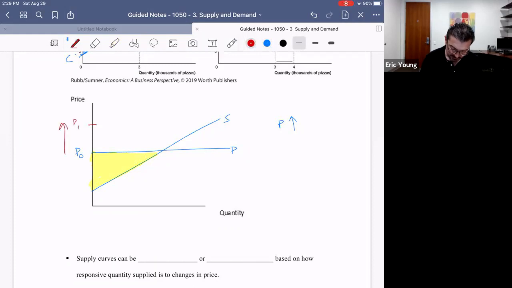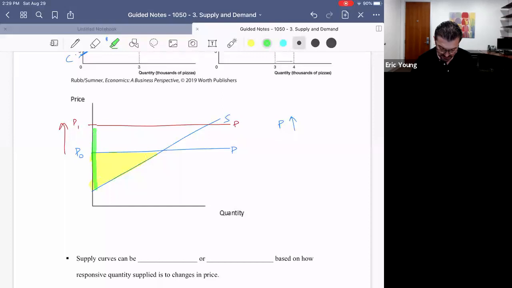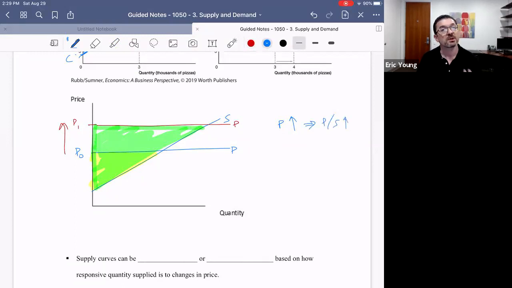Now something happens and the price goes up. We'll learn about that later. Price is now higher, and you get the idea. As the price went higher, the area of producer surplus increased. It's now going to be this size here. So we would argue again that if prices go up, producer surplus goes up.